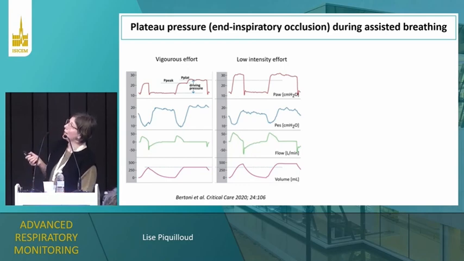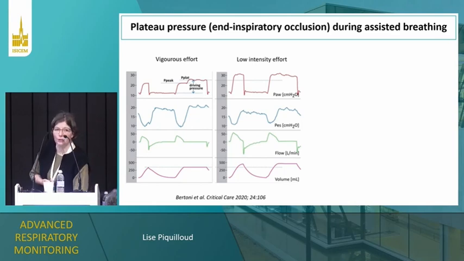And this way you assess the stress delivered to your lungs. And you can do exactly the same during assisted ventilation. If you do the occlusion during inspiration here, you can measure plateau pressure. This plateau pressure reflects what you have delivered with your positive pressure and what your patient has done with muscle contraction.